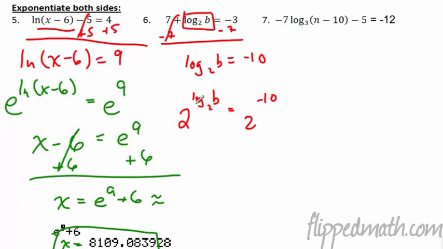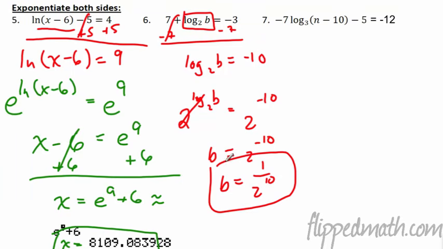These cancel each other out. We get b equals 2 to the negative 10th, or b equals 1 over 2 to the 10th. I'm just going to leave it like that. I could figure out a decimal if I wanted to, but this way it's a little more accurate because I've got all the numbers right there. I can figure it out as many places as I want to.